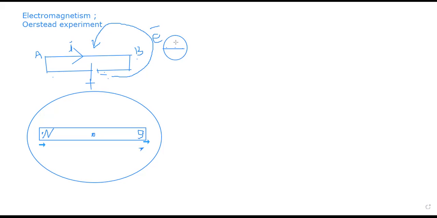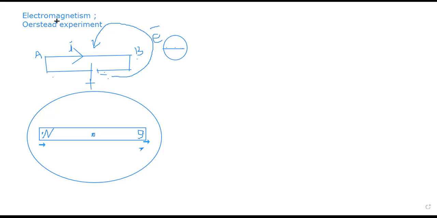In this conductor, if it has extra electrons beyond its atomic number, suppose the atomic number is 11, then 11 electrons and 11 protons are there. If it gains more than 11, it will have a negative charge, or if it loses 2 or 3 electrons, it has a positive charge, but this charge will not flow. So we can have electric flux in the electric field, and we can calculate magnetic flux in the magnetic field.